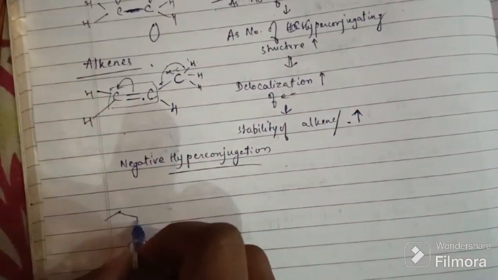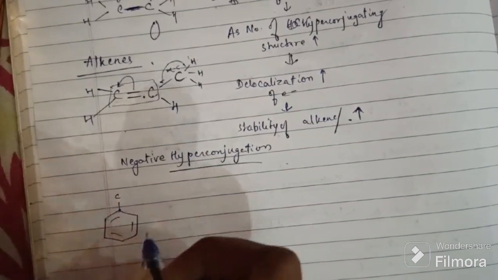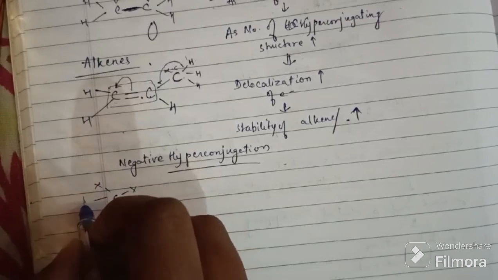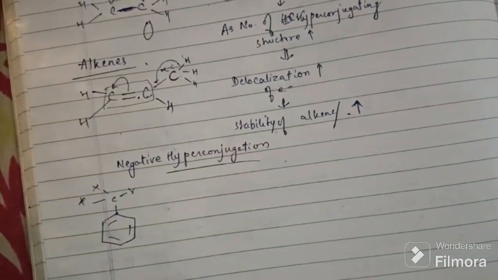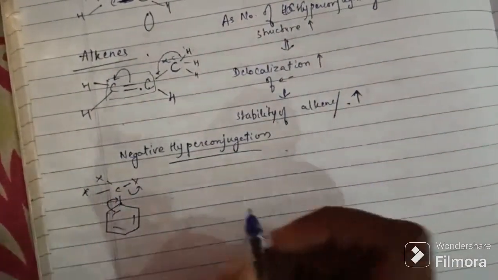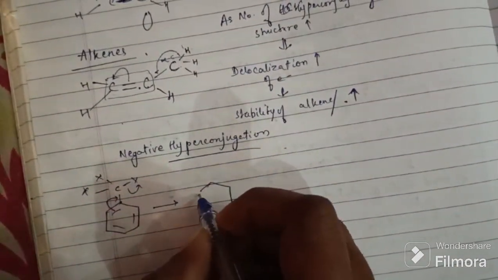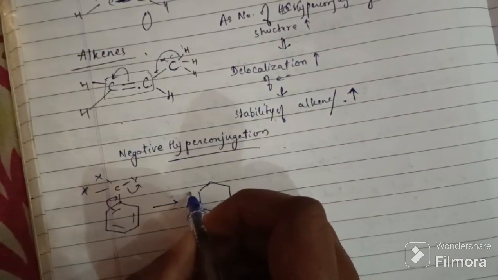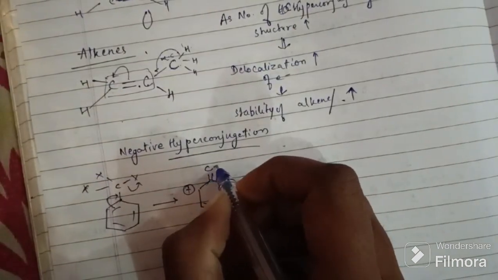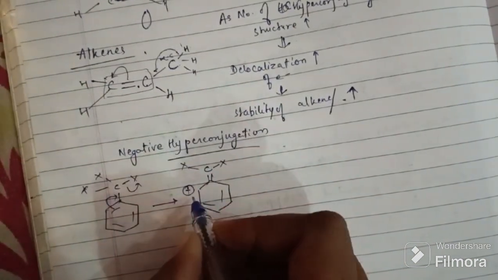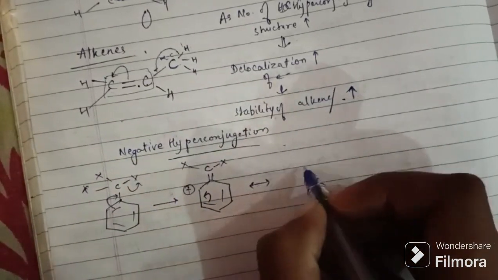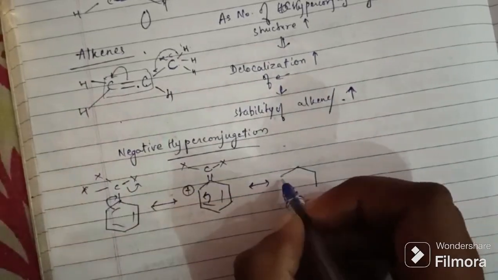Like this is a benzene ring connected with a carbon, or let's say any group is present. Let's say it is an electron withdrawing group. So this shift takes place and here it attains a positive charge. This gets a double bond, and to balance this positive charge, resonance will come here. This is also a resonating structure.